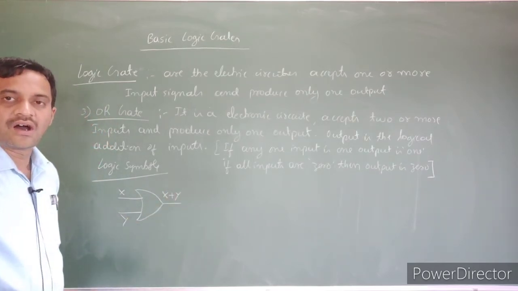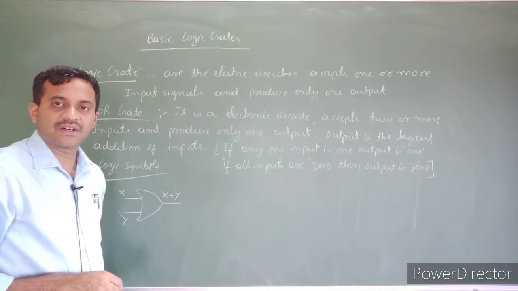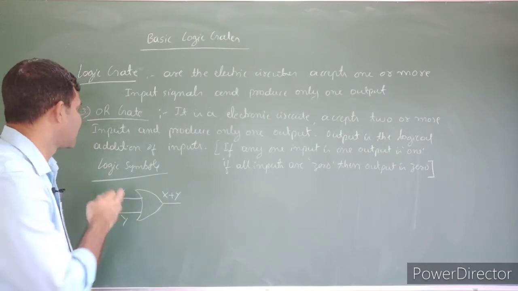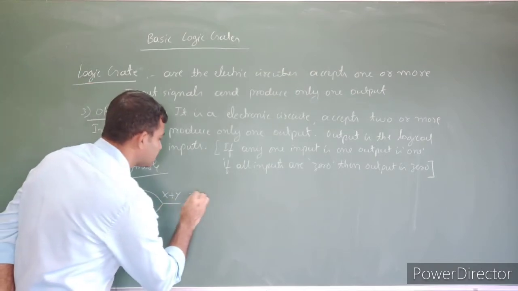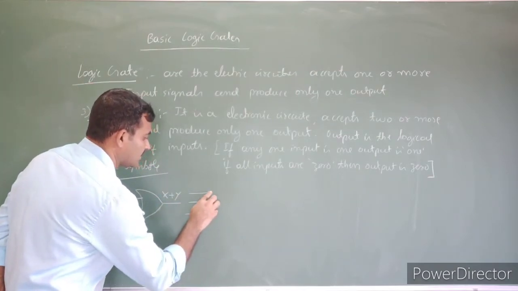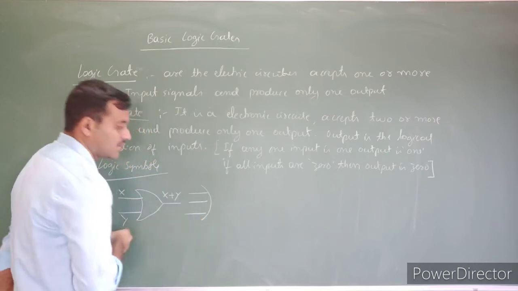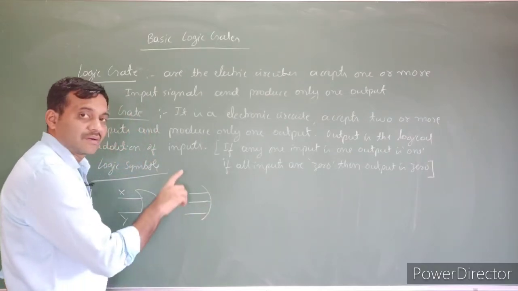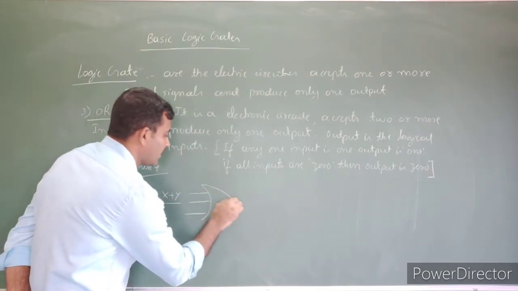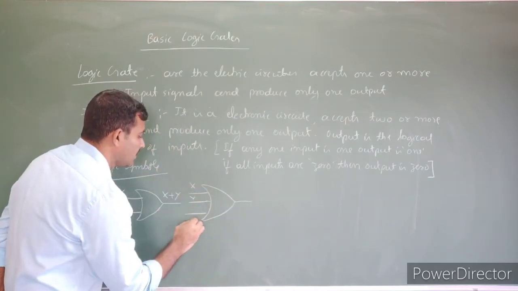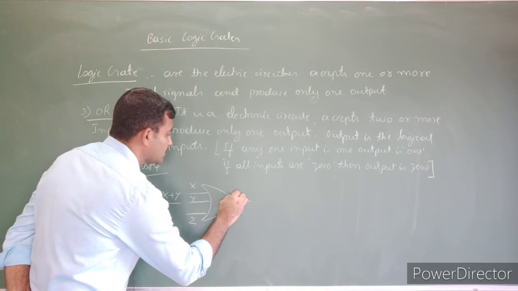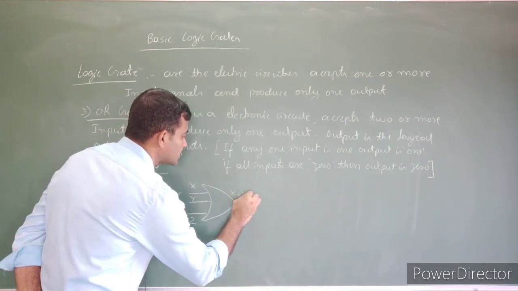We know the logical addition operator is the OR operator, so x OR y. If it is 3 variables, then we write like this: after the inputs, place a curve, then an output. If it is x, y, z, then output is x plus y plus z.